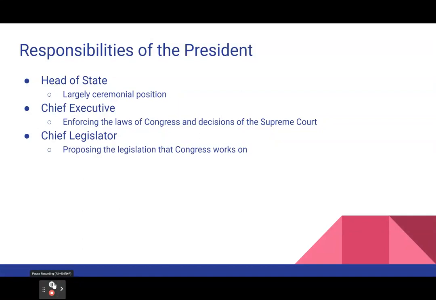The thing is that vetoes can be overridden. So Congress can override a veto, but they need 2/3 of the congressional support, right? So Congress, like the House of Representatives, will have to override the president's veto.